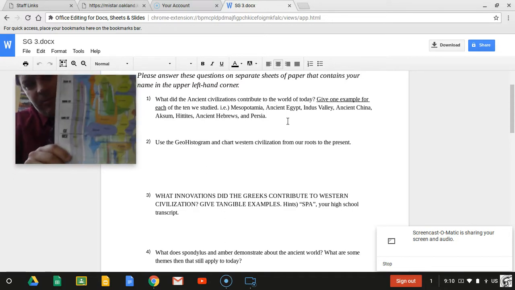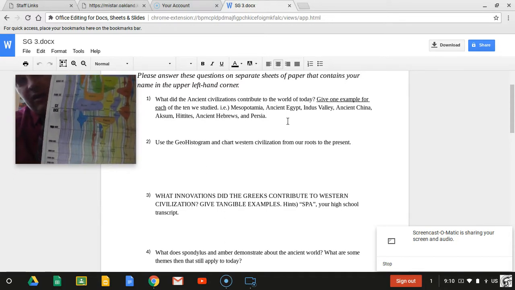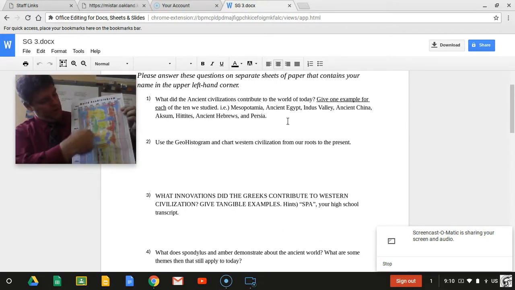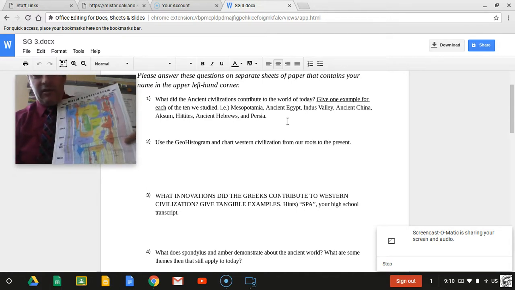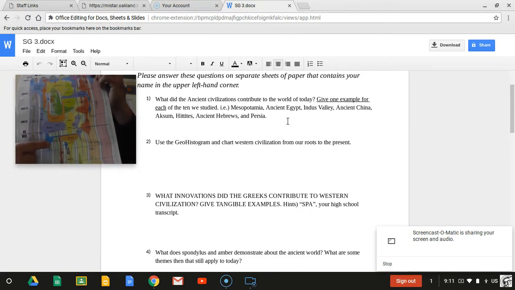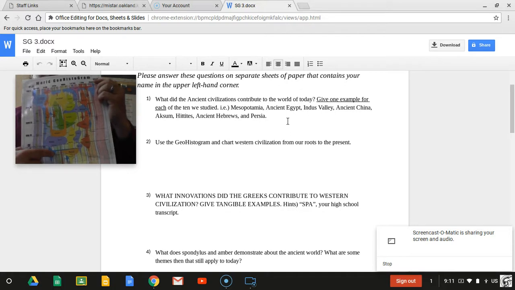All right. So here's our picture of Geo Histogram. Now, again, the western part of our story here, we can really trace our roots to the Greeks. Here's the Greeks, and we can trace it from America to the ancient Greeks.